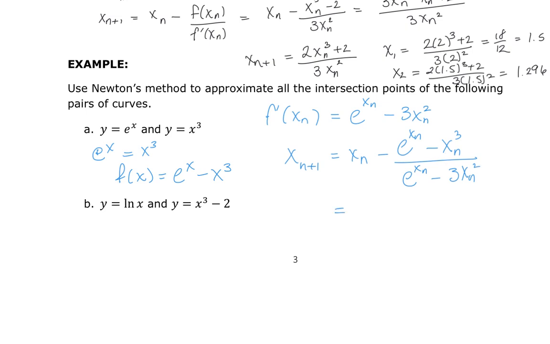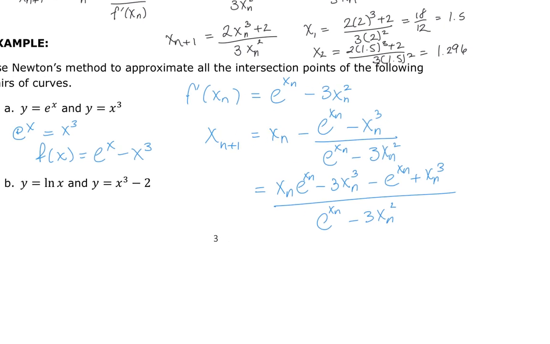Same kind of thing, we get a common denominator, so I'm going to have x_n e to the x_n minus 3x_n cubed minus e to the x_n. And don't forget to pull that negative through so that it'll become a plus x_n cubed all over e to the x_n minus 3x_n squared.